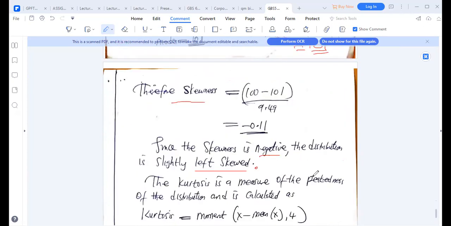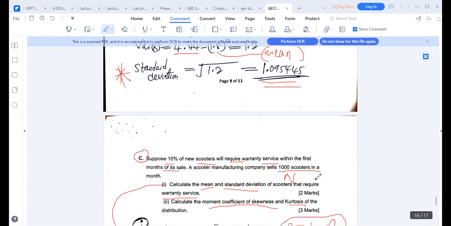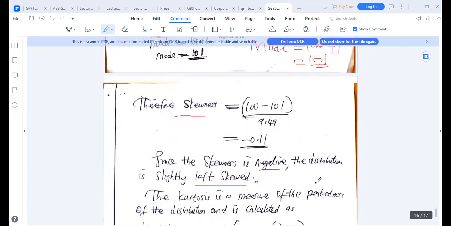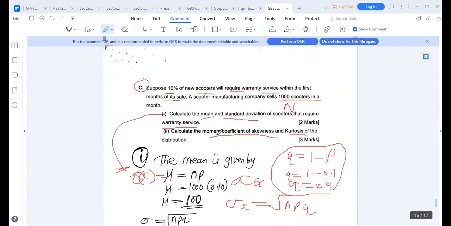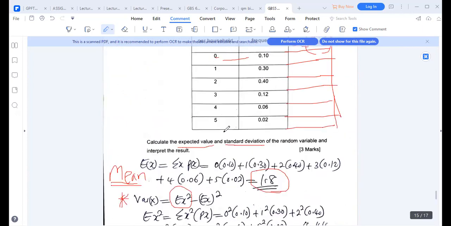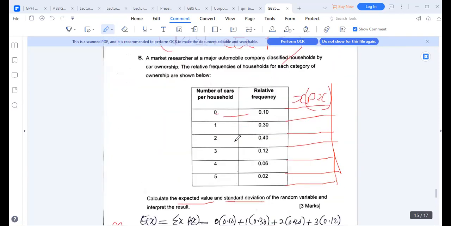So this is the moment of skewness that we have concerning this part of the assignment. We can end the class for now because all the questions are exhausted.